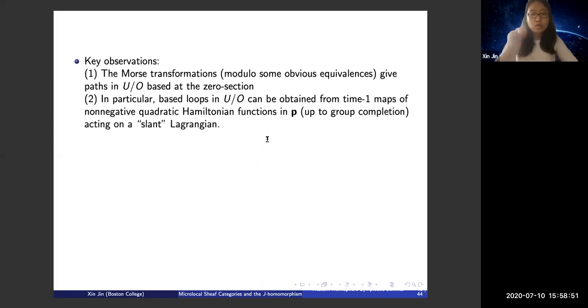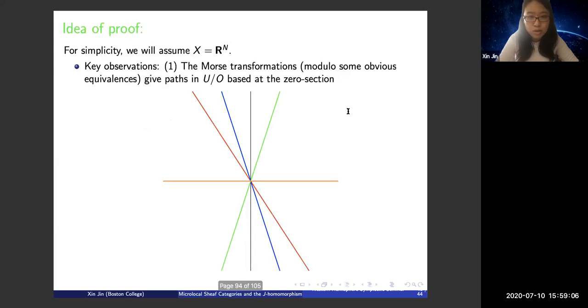Okay. So, up to some group completion, based loops in U mod O can be obtained from time one maps of this non-negative quadratic Hamiltonian.